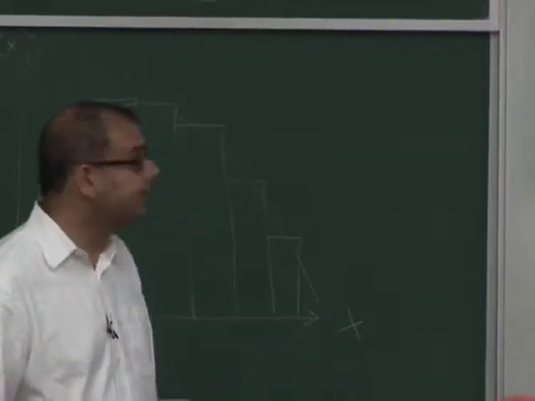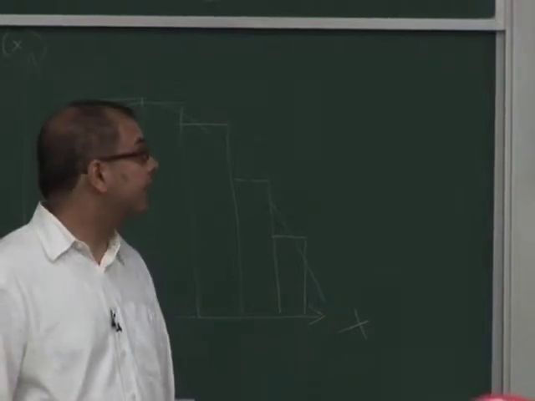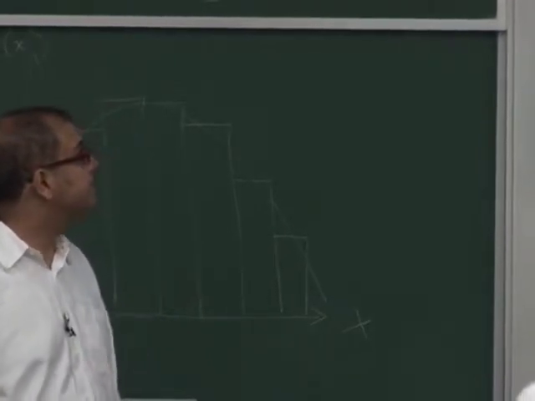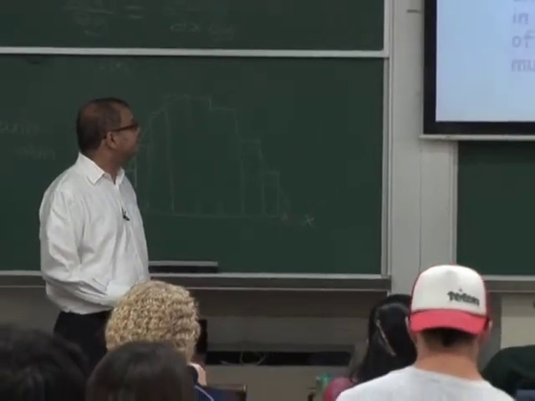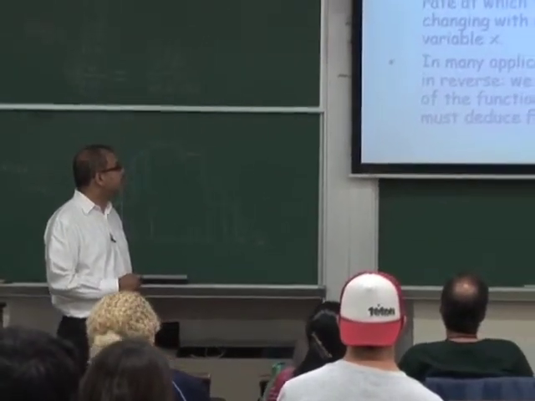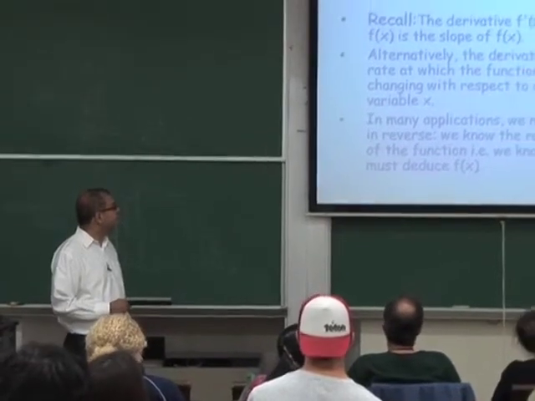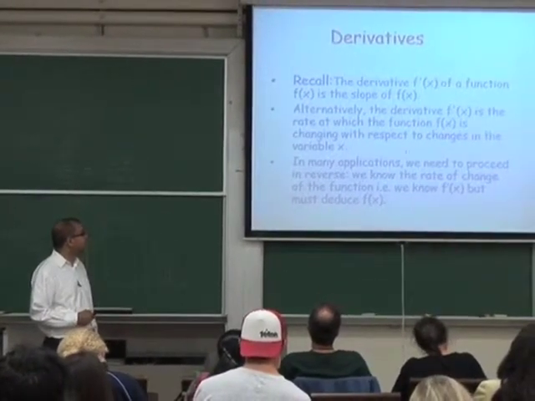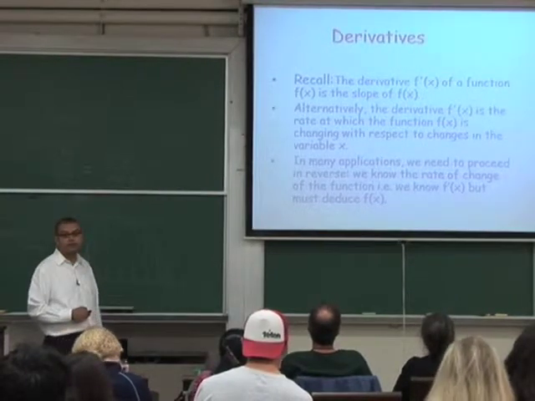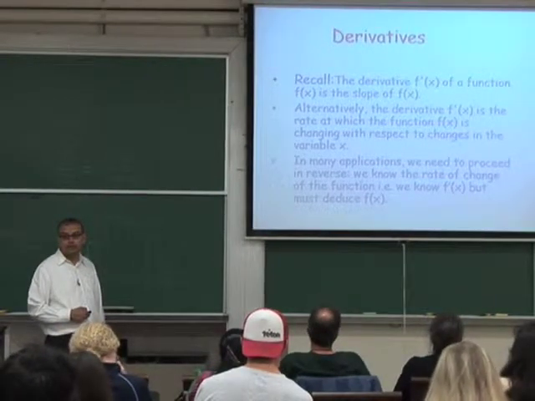Okay, so similarly the integral is derived through a limit. Now, the derivative was a slope. It's the rate at which the function f is changing with respect to changes in the variable x, the rise over the run.